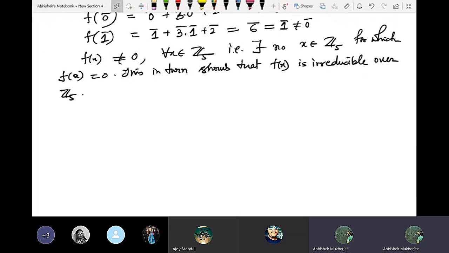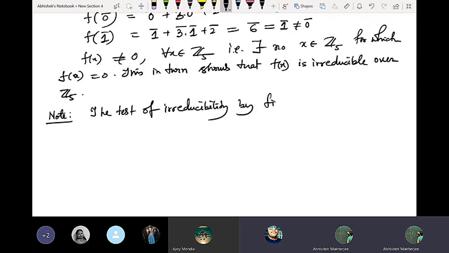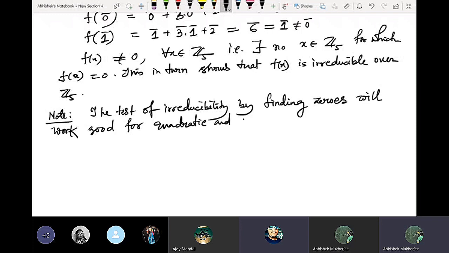And this way of testing irreducibility by finding zeros will work well for quadratic and cubic polynomials over a finite field.